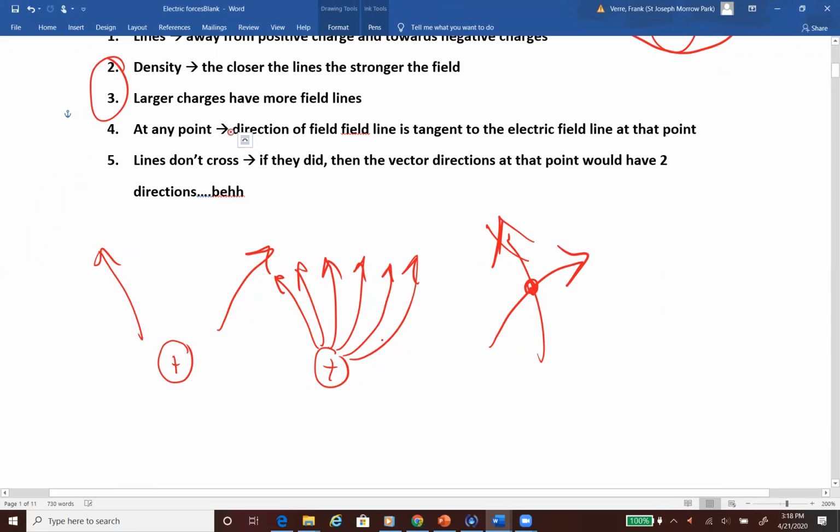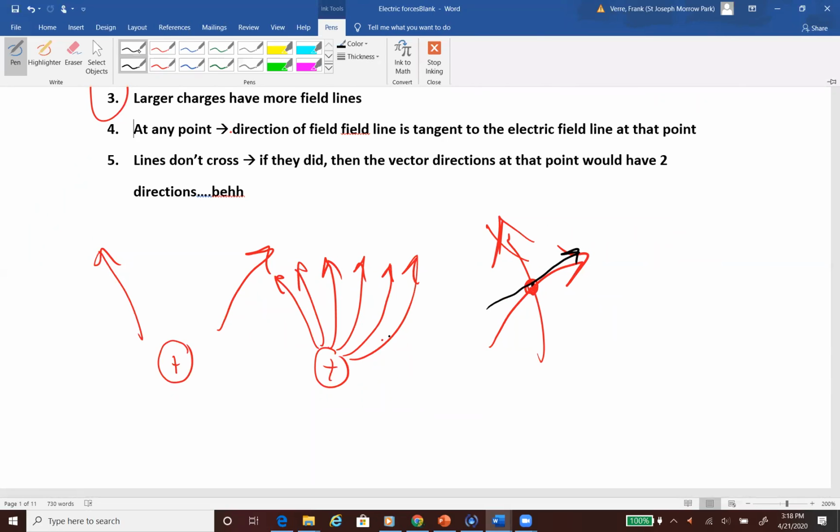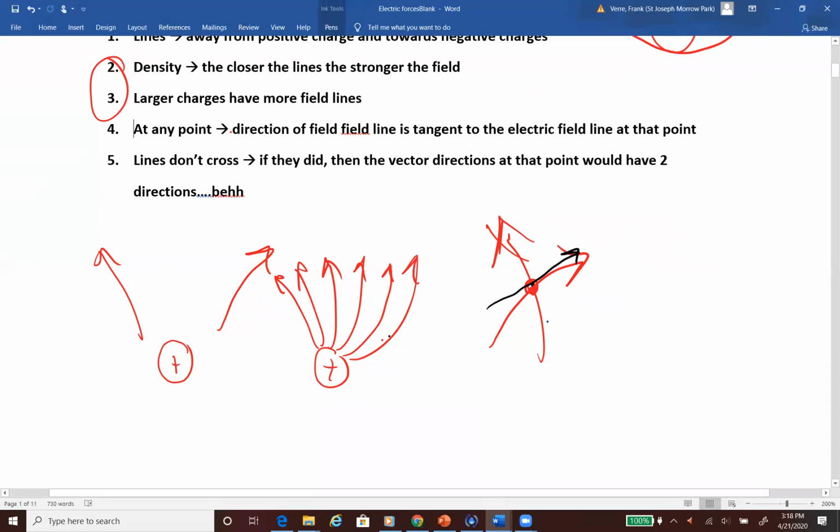For this curve, at that point, it would have a direction like this, and for the other curve, it would have a direction like that. Because that point represents a vector, it can only have one direction. So field lines can't cross, otherwise you would have two directions. These are the rules for drawing the field lines.